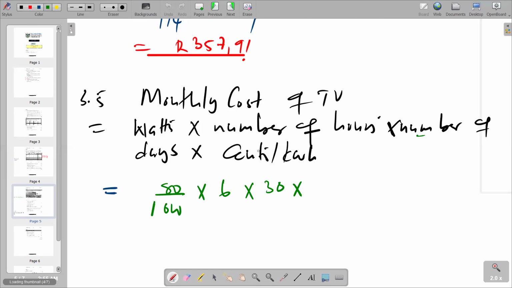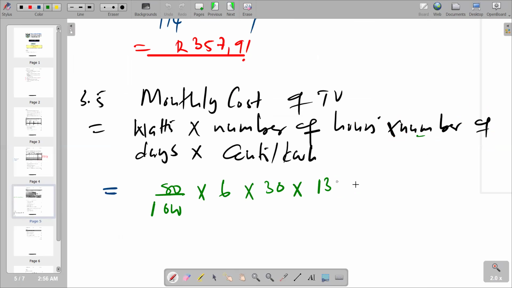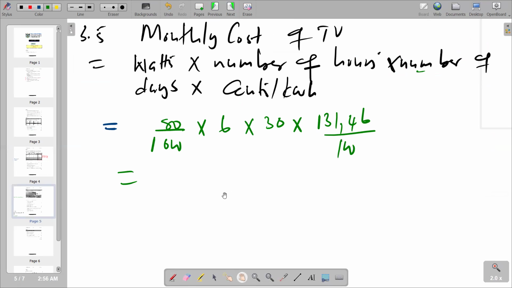So we're going to say 131.46 over 100, since these are cents, and we divide by 100 so that we convert to rand. So this is the calculation that we have. And the answer that we are going to get, our final answer, becomes 18 rands 93 cents to 2 decimal places, obviously.